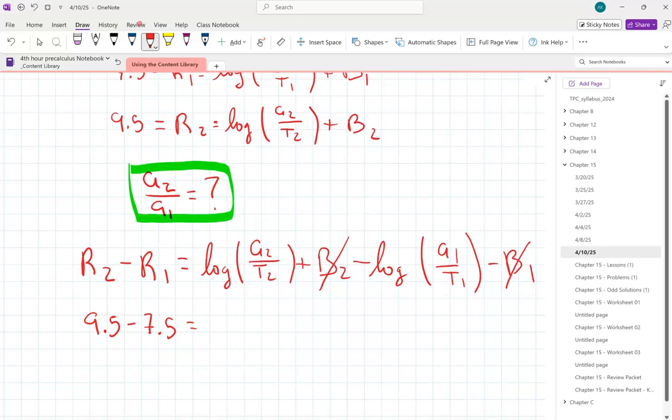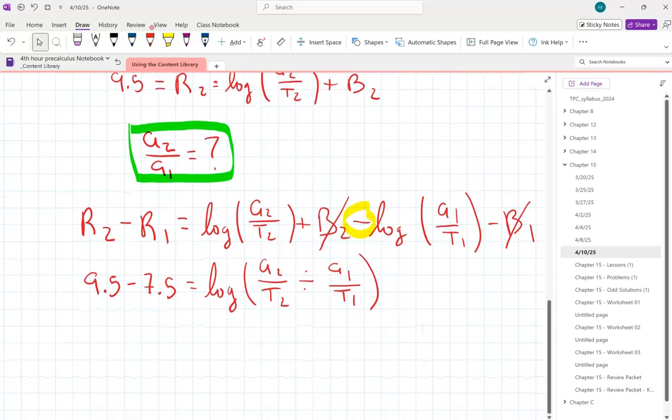So if I do that, I now have the difference of 2 logs, right? So I can use my quotient property of logarithms to condense those 2 logarithms together. So far, so good.